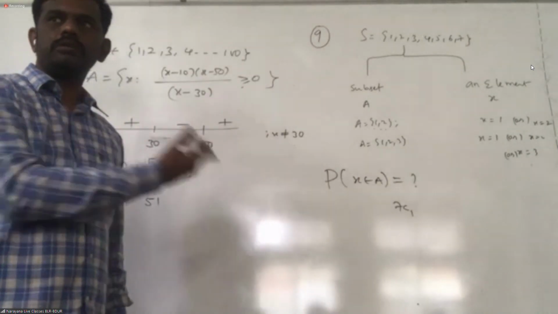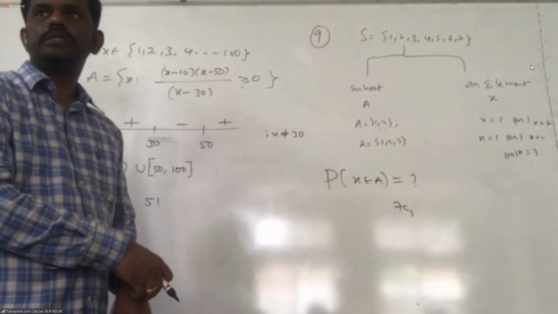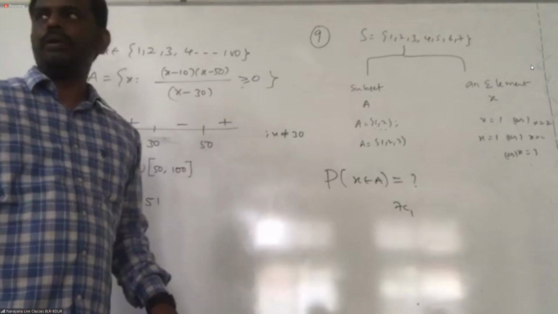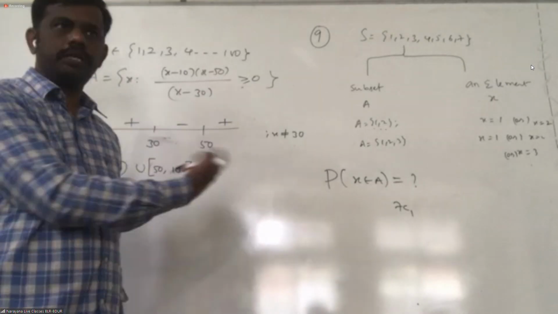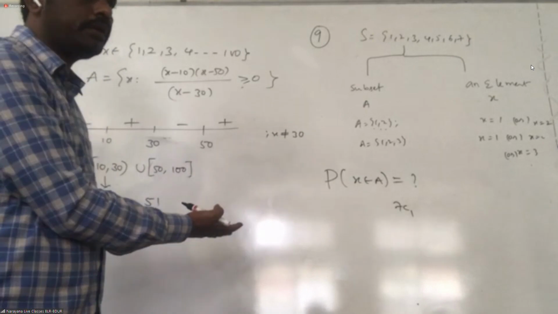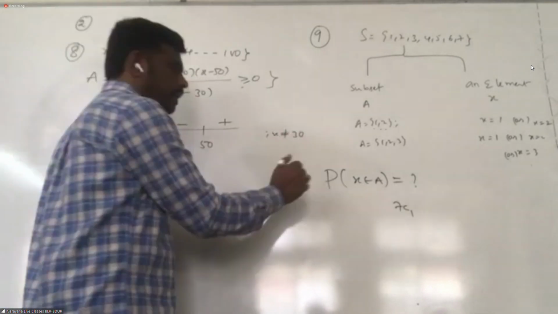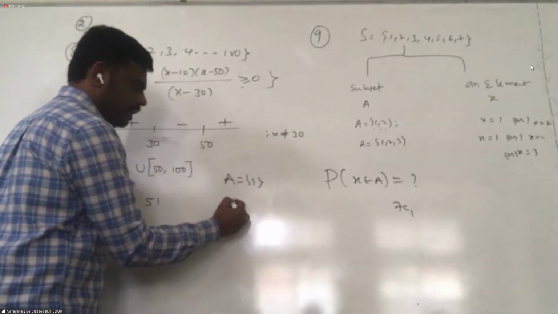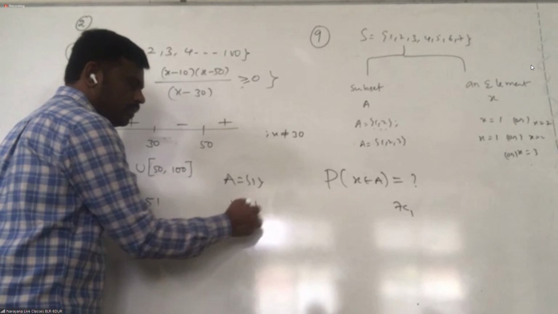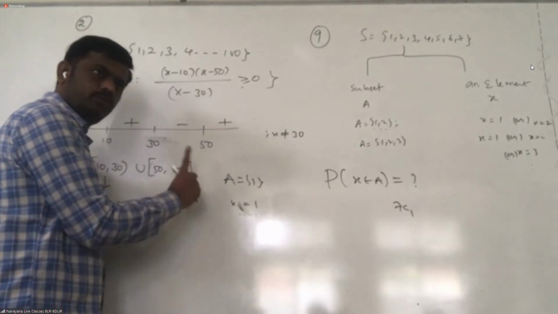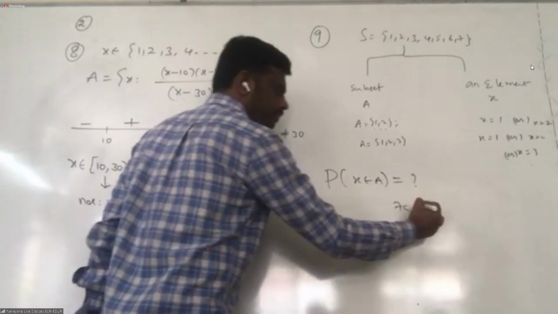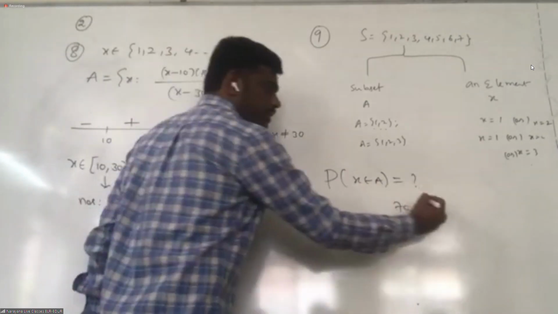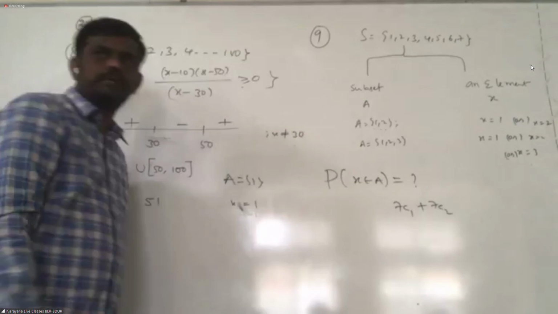We want X also to belong to the same set, so if you take one element, then X also has to be that one only. A contains element 1, X also 1 only. This is one possibility only. Like that we have 7.